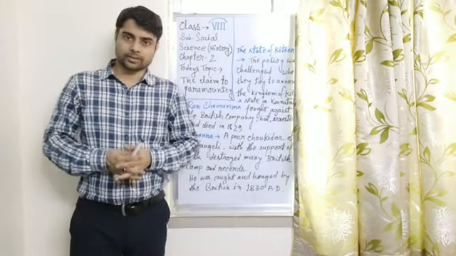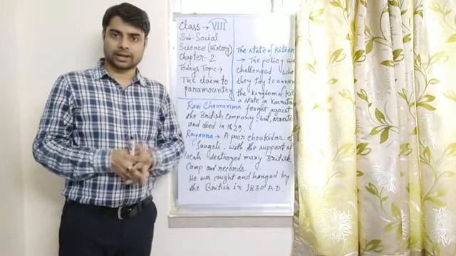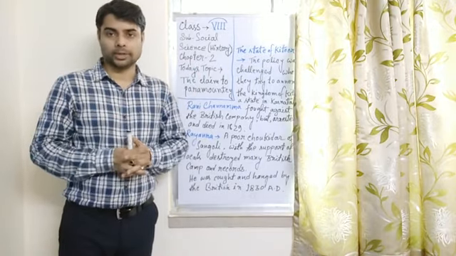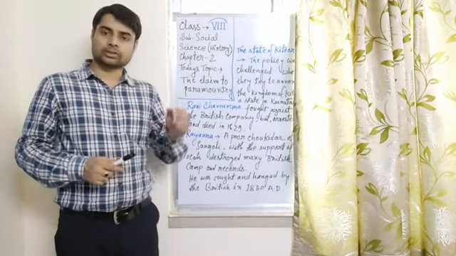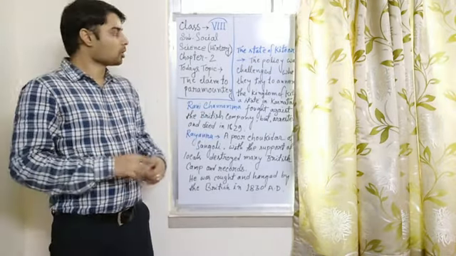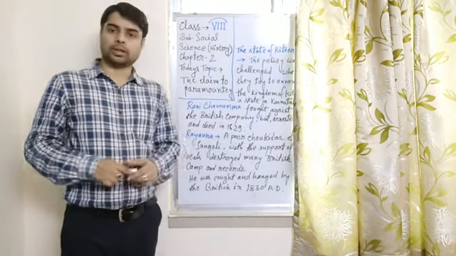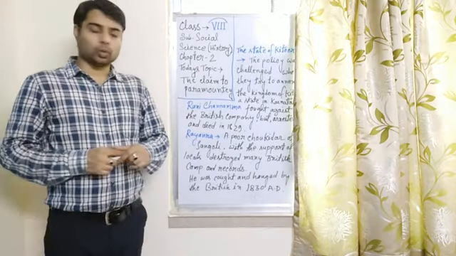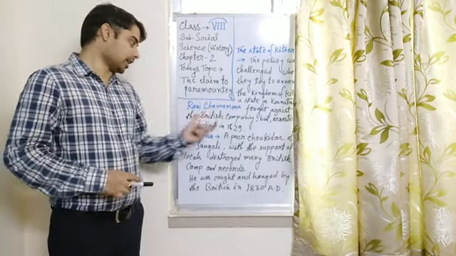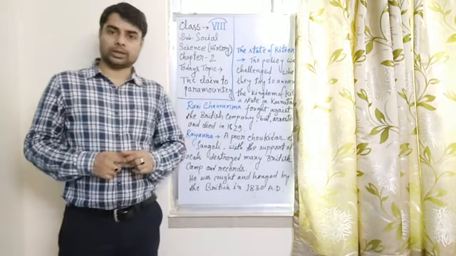Now what happened next? The first state they wanted to annex was the state of Kittur, a small state in Karnataka. The policy was challenged first when they tried to annex Kittur. The Queen of Kittur, Rani Channamma, fought against the British Company but was arrested and died in 1829.